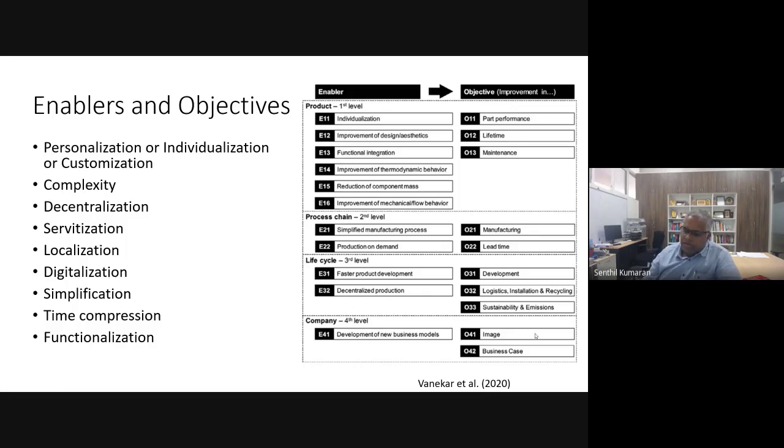But still they consume a lot of energy, where the energy mix is very poor. They get more energy from fossil fuel derived sources. So these are the objectives. Why additive manufacturing becomes so famous is because it can improve all these aspects: sustainability, emissions, manufacturing capabilities, lead time, right? And improvement in the performance of the part, especially lightweighting and all those things, right? So this is one.